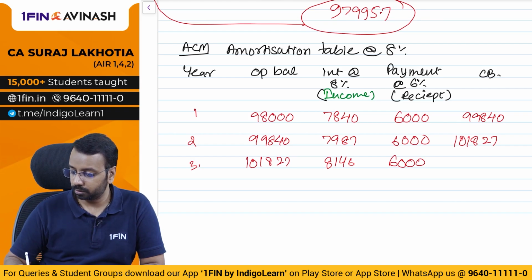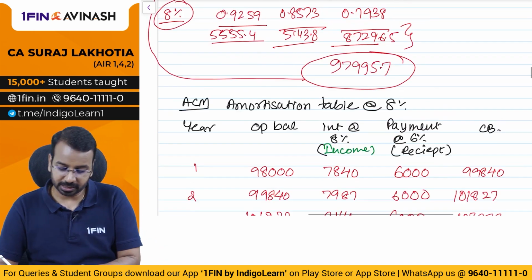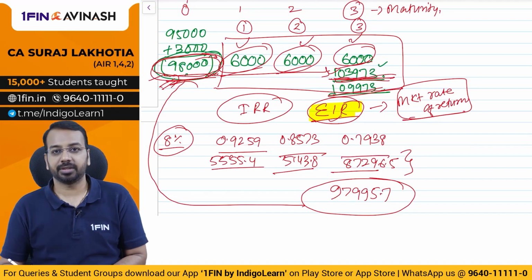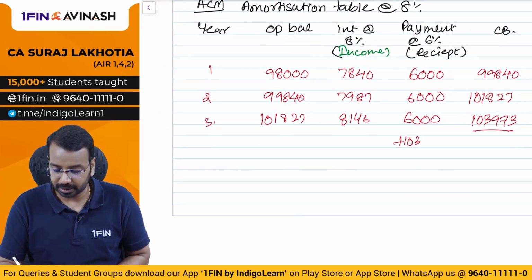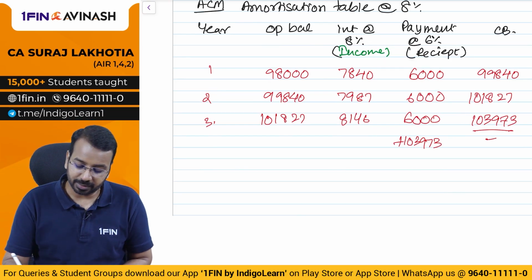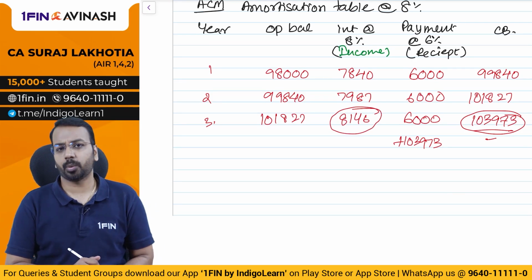If I do that, I get 103,973. This also will be paid along with it. This balance will become 0. Sometimes if this balance does not match the redemption amount, the interest has to be the balancing figure, which we will see in some of the questions.